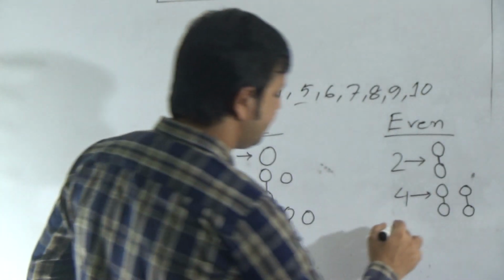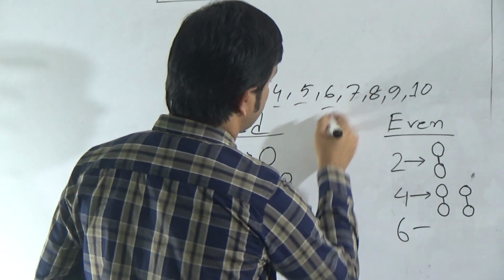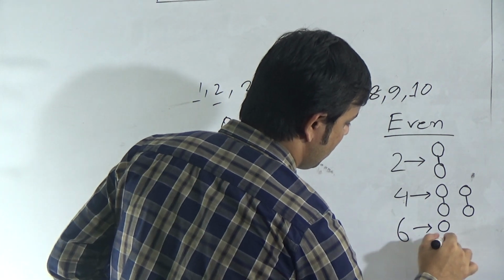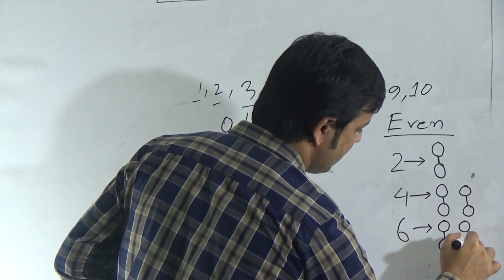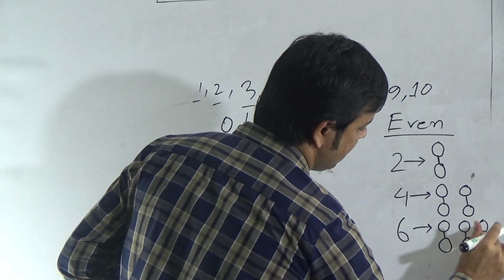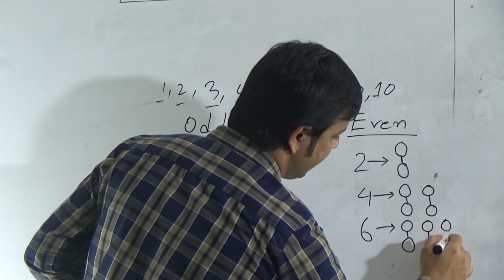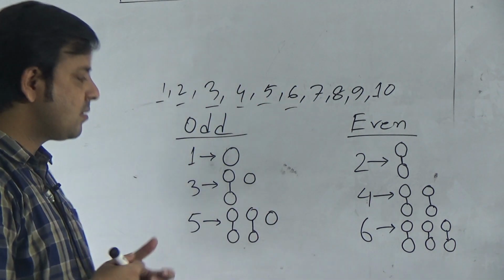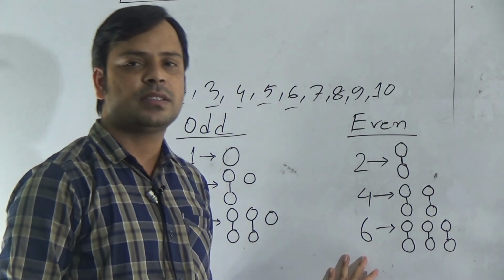Now 6. We can express it as pairs: 1, 2, 3, 4, 5, 6. It means that we can express 6 as a pair. It means that 6 is an even number.